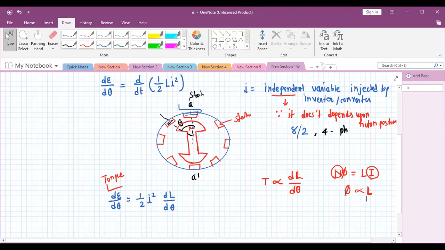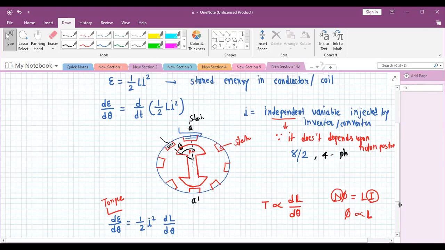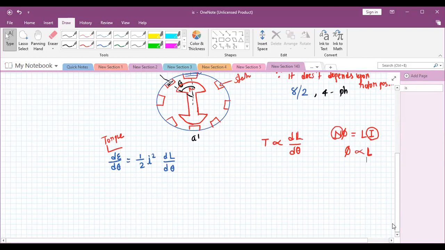If the reluctance is high, the flux is less; if the reluctance is low, the flux is high, and the inductance changes accordingly. So this is the principle: the switched reluctance motor works on the variation of the reluctance, or the variation of the inductance with respect to the rotor position.